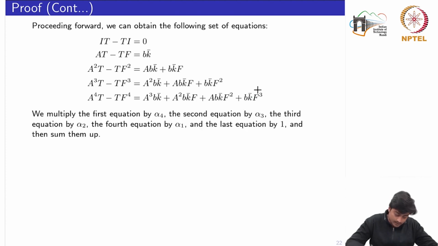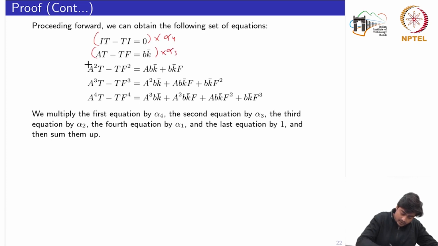Okay, now we multiply the first equation by alpha 4. So we multiply by this alpha 4, multiply this equation by alpha 3 both sides, this is by alpha 2, this is by alpha 1, and this remains as it is.